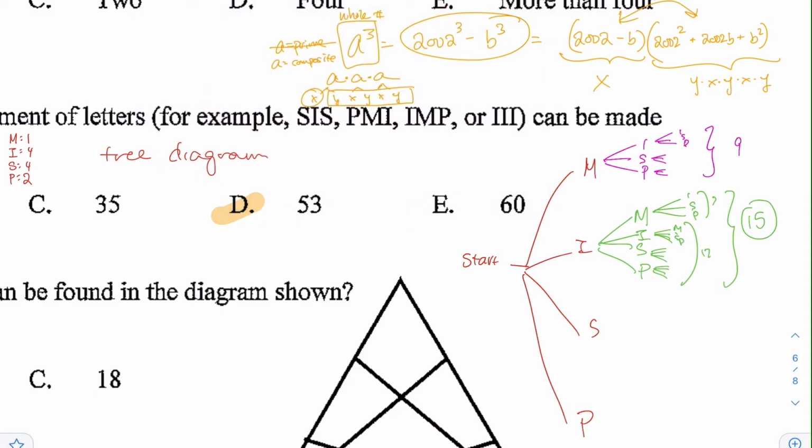And then for S, if you choose S first, there's still enough to go with 4 branches, M, I, S, P. But again, the M branch is tricky because if you choose M second, you can't choose M anymore, so you can only choose I, S, P. For the other letters, you can choose M, I, S, P. So you have 4, 4, 4 for 12 plus another 3, that's another 15.